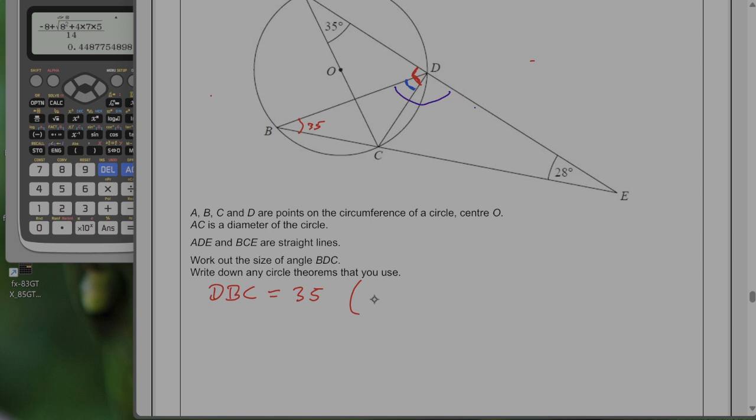So angles at the circumference subtended from same arc or chord are equal.